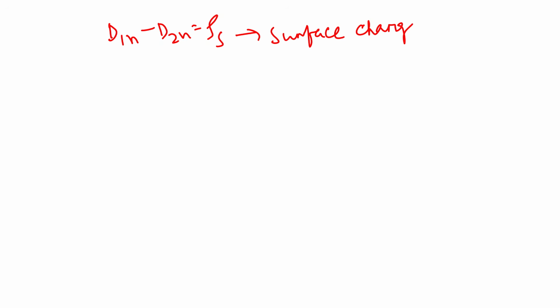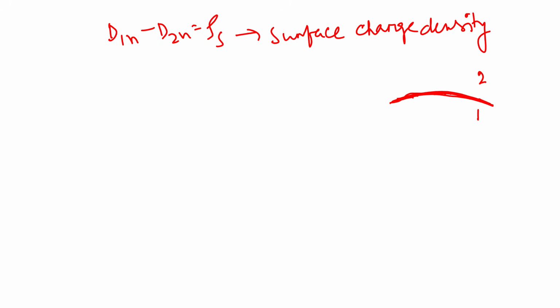Now, likewise, it can also be proven that D1n minus D2n will be equal to rho s, where rho s is the surface charge density. Suppose this is the surface which is separating medium 2 and medium 1. So rho s is the surface charge density at the junction of two different medium.